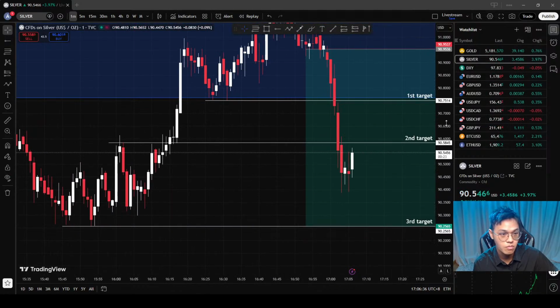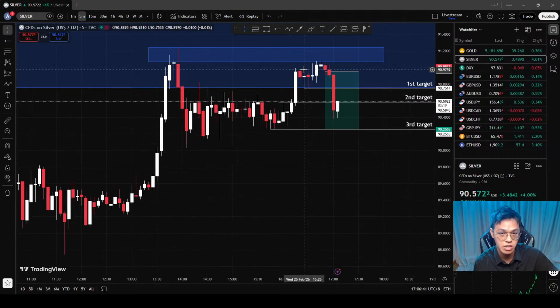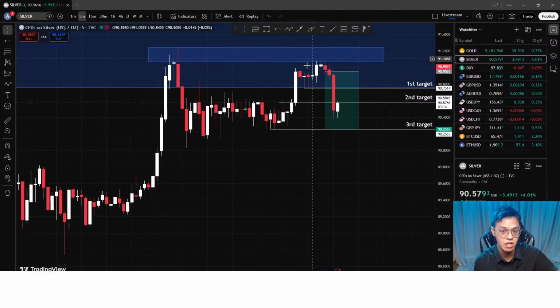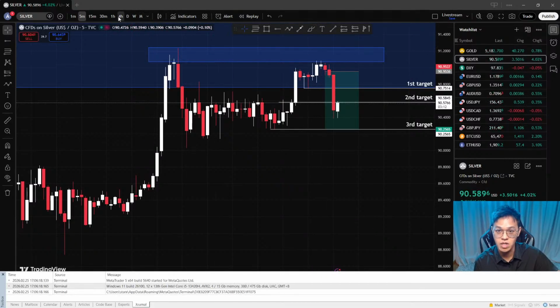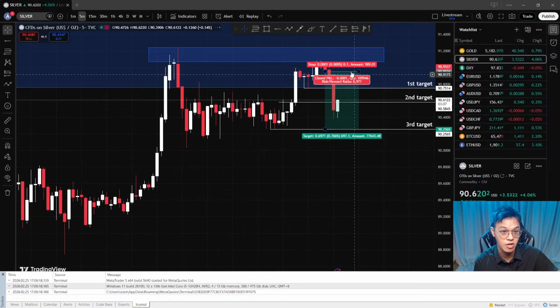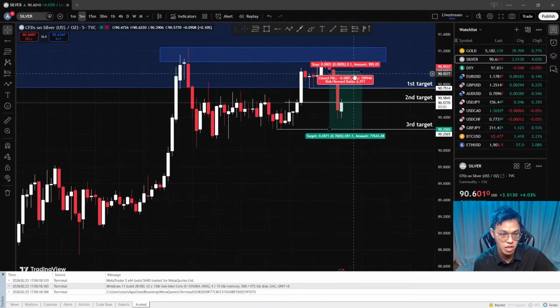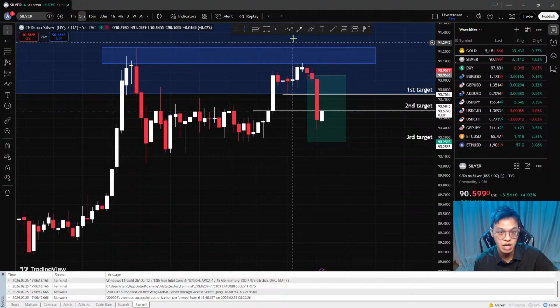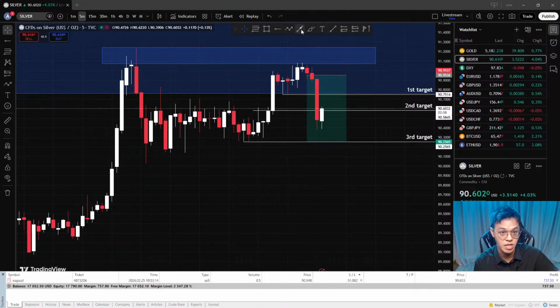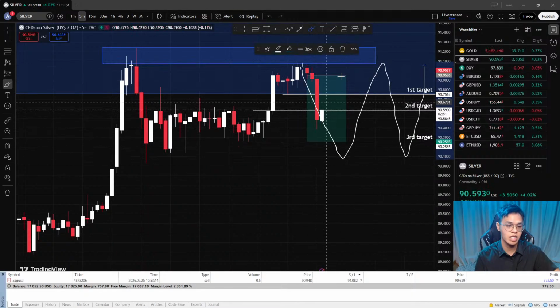If we look at a higher time frame, since the price retraced from the higher time frame resistance and the 5 minute resistance also, I think the price will form a sideway, a 5 minute sideway. So I think the price will trade within this range.